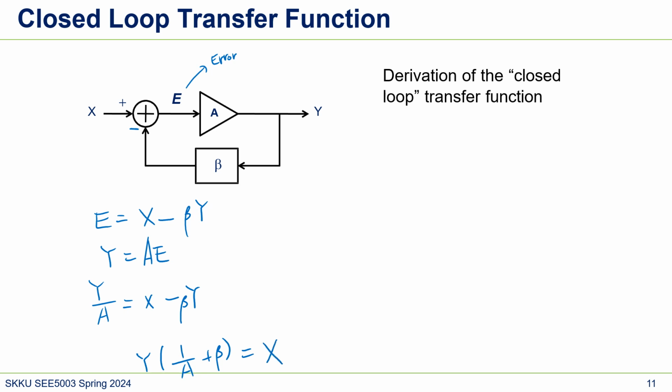So our closed loop gain is Y over X, which is simply output over input, right? So Y over X is 1 over (1 over A plus beta), which is, in other words, A over 1 plus beta A. So that's the closed loop function.